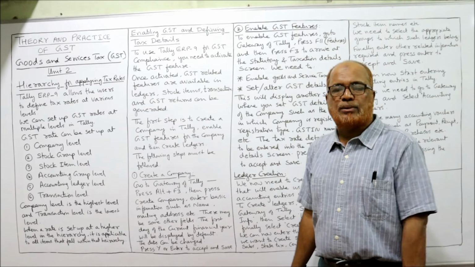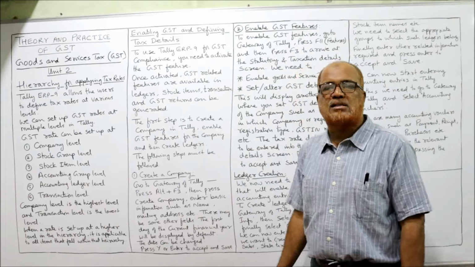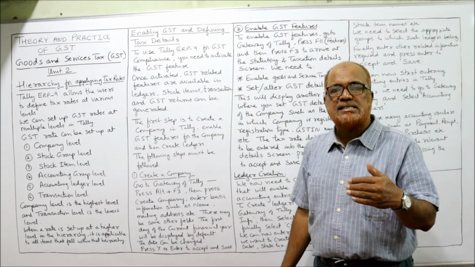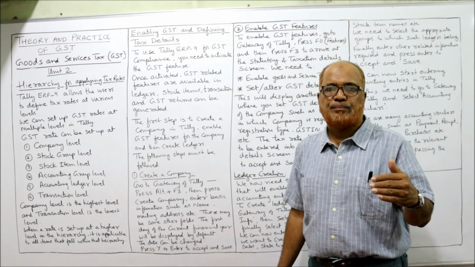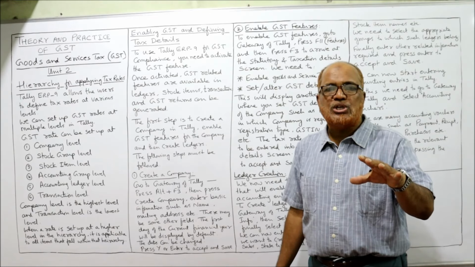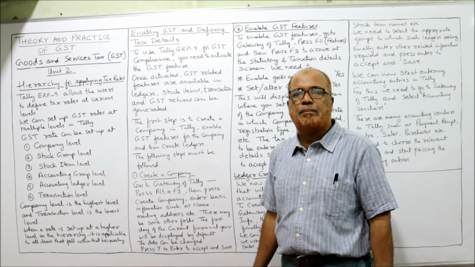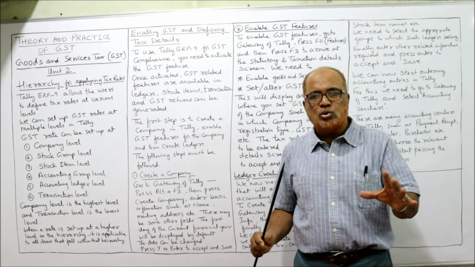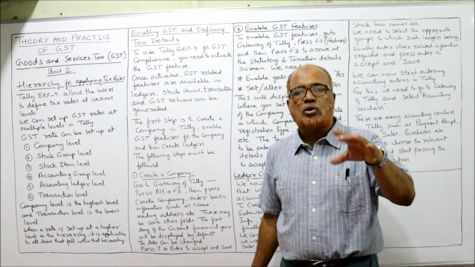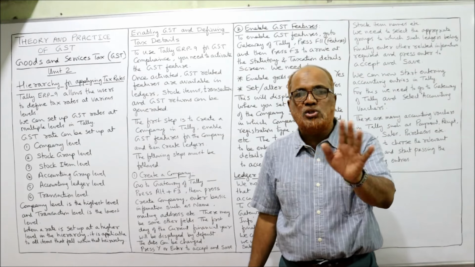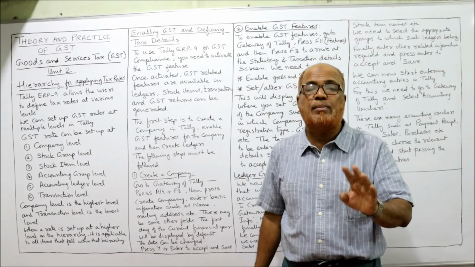Now the second question is very frequently asked. The second question is getting started with the GST. That means what is the procedure of enabling GST in Tally ERP 9? If you are using Tally ERP 9, by default it is not enabled, it is disabled.